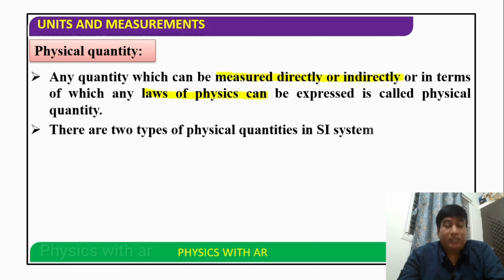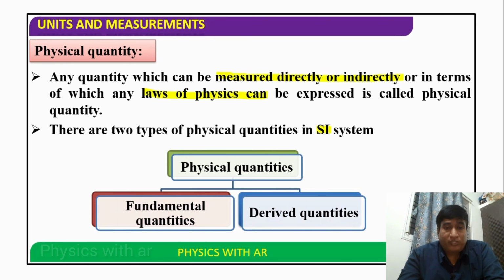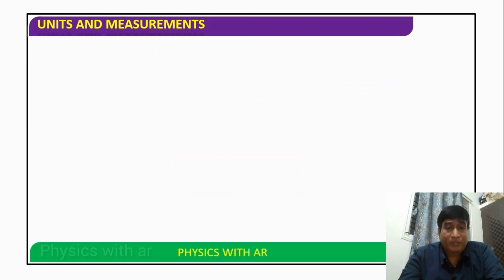There are two types of physical quantities in the SI system. SI represents the international standards. These quantities can be classified into two types: fundamental physical quantities and derived physical quantities. Students, these are the basic things you should understand: the difference between fundamental and derived quantities.